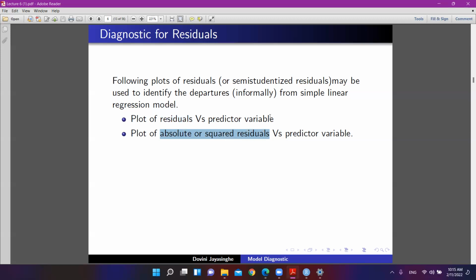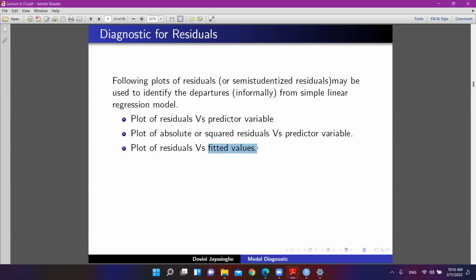So you can either do this one or this one. Same thing you are getting, only the plot is different. But the pattern, the behavior of the plot is exactly the same, right? You can either use this one or this one, or you can go for residuals versus fitted values. Same thing will be given.